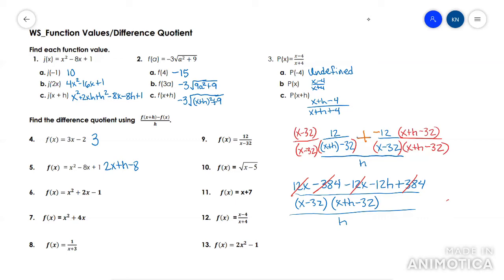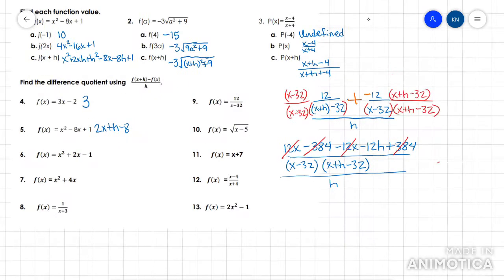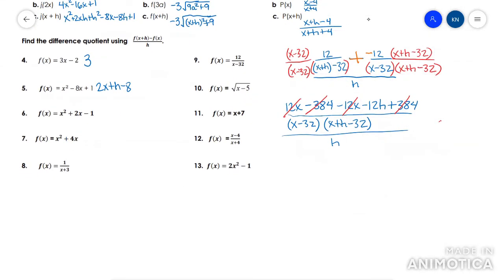So when it's all said and done, I'm going to scoot this down a little bit, I need more room. I have a minus 12h over those two polynomials, and then that is over h.